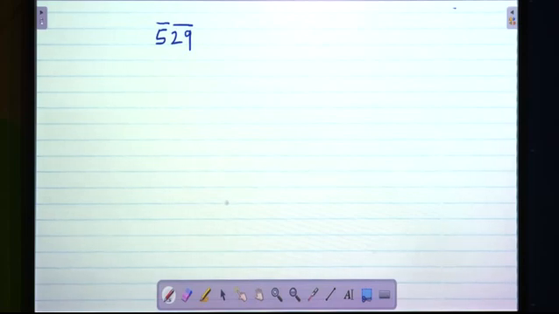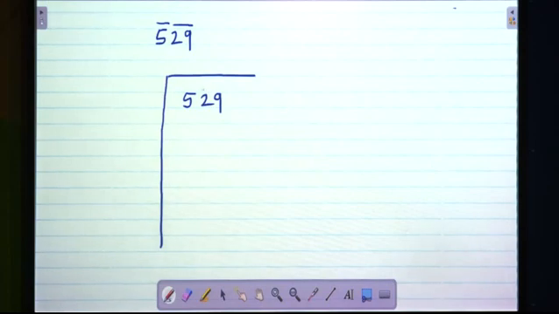This we have studied, it is explained to us. So, now we shall do the division to find out the square root.